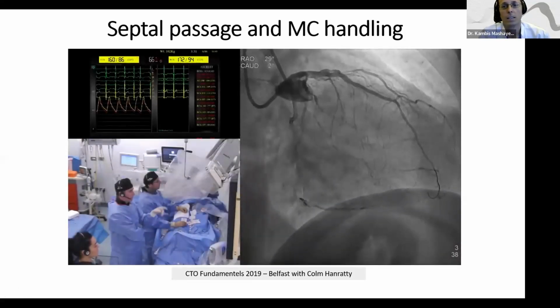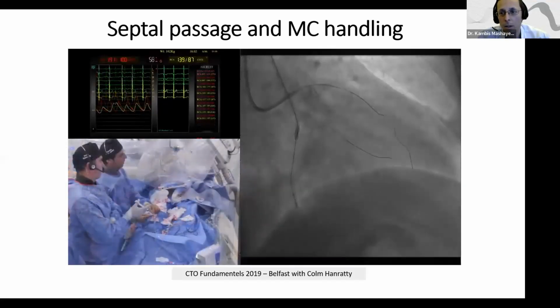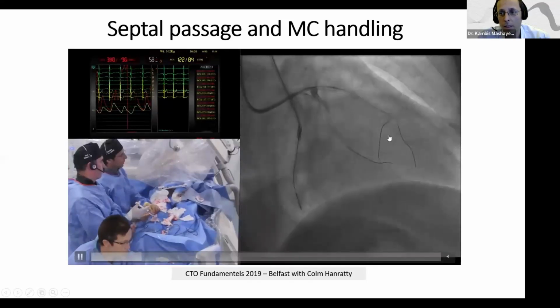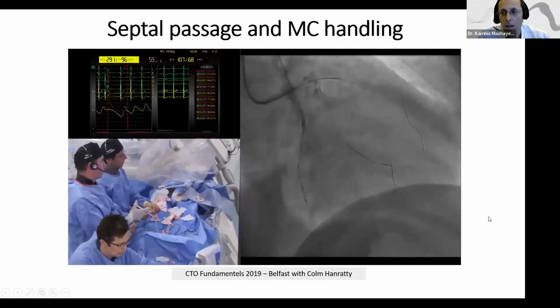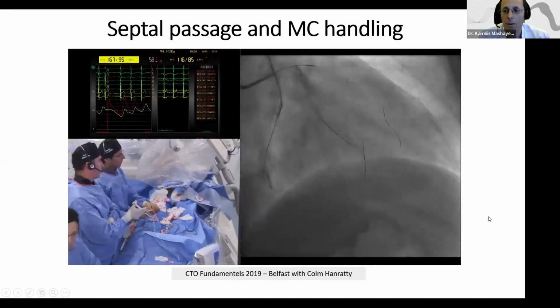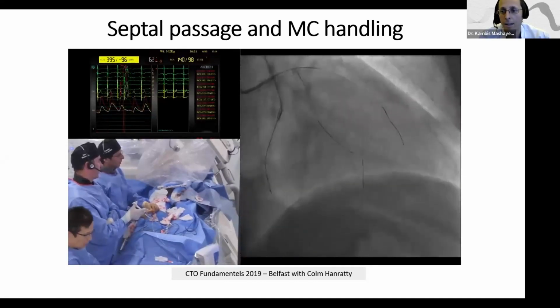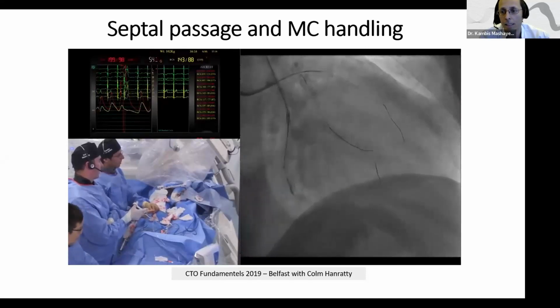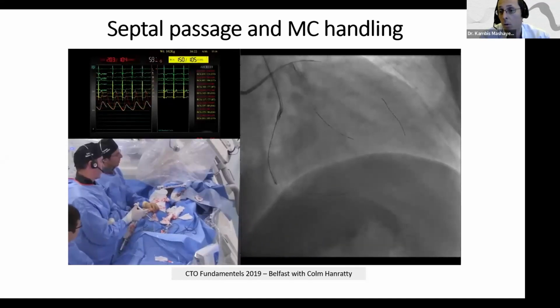Here you see a septal passage and microcatheter handling. It's also here a simple cyan blue wire. You see that I just try to find the right way with the wire. Whenever I feel a resistance, I go back and forth. And you see here, finally, it's always in the wrong direction, but now the wire just jumps to the PDA and you have already passed it.